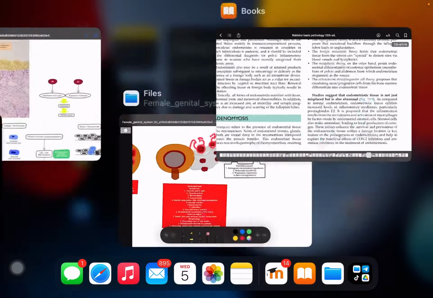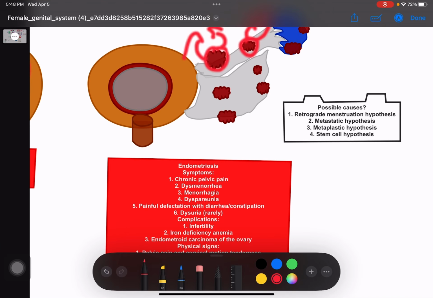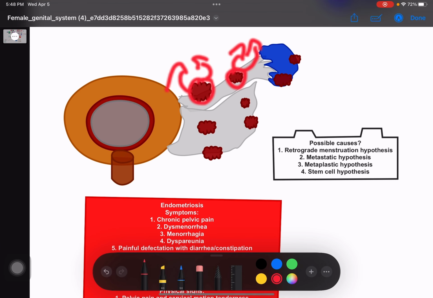Okay, yes. So it also makes aromatase. It contains an enzyme aromatase, which converts testosterone into estrogen, and it can lead to increased levels of estrogen as well.